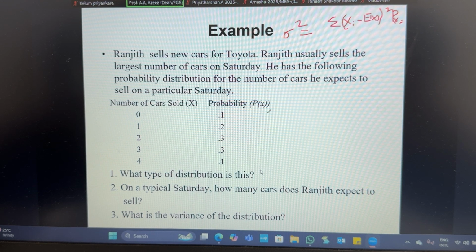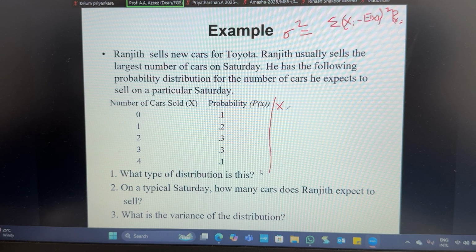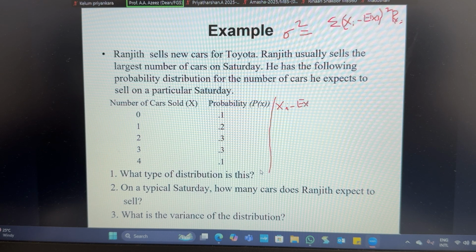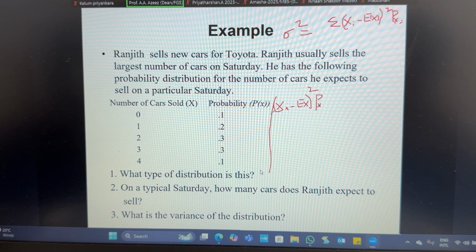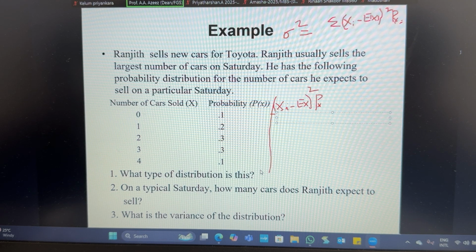So now we can put the next column here: xi minus E(X), squared, then P(xi). So now we can write it here. We already found the E(X), 2.1.